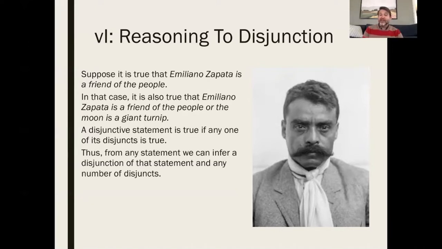So from any statement, we can infer a disjunction of that statement and any number of disjuncts. If that statement was true, as it will be if it was a premise or if it was derived from our true premises, then anything derived from it using our rules will also be true. And if we attach that item to another statement via disjunction, we also get yet another true statement.